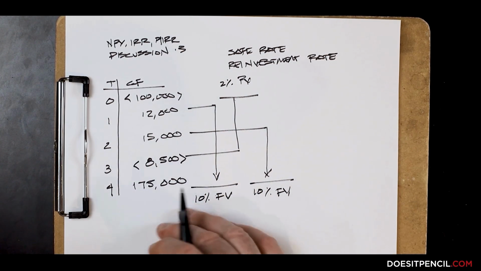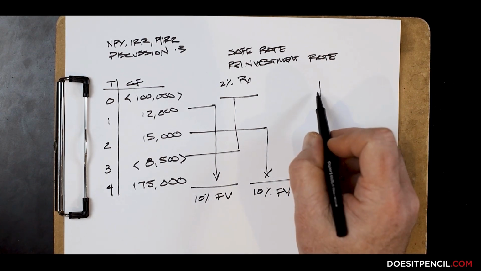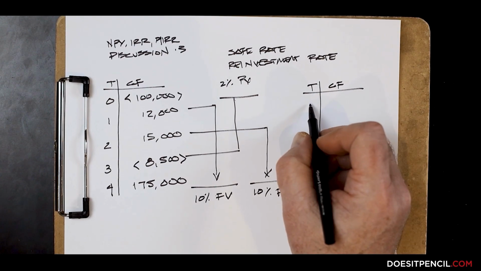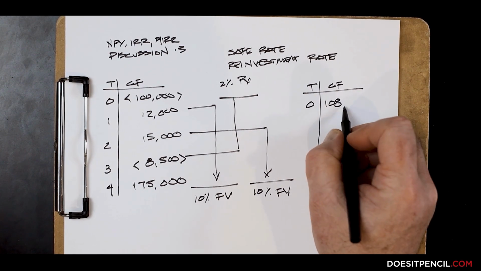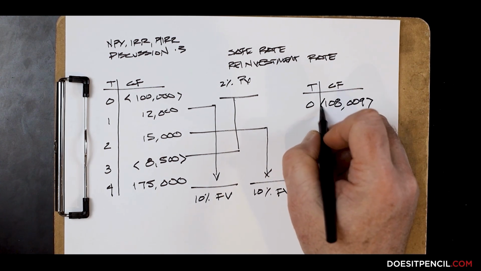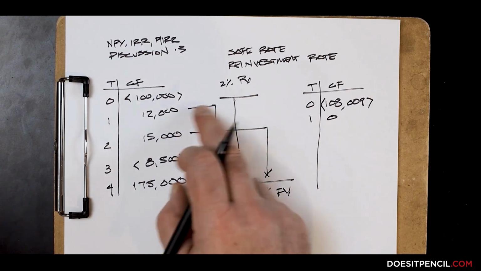So if you were to do those things by hand, this is what you would end up with. A T account that would look like this. At time 0, you would have negative 108,009. Time period 1, you'd have 0 because you compounded it forward.